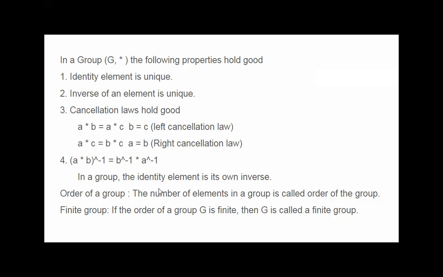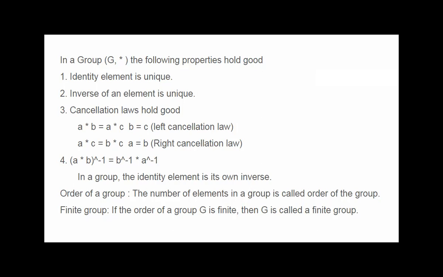This also is a property that holds good for groups. It is a must that a group has an identity element, and the inverse of that identity element is the identity element itself.